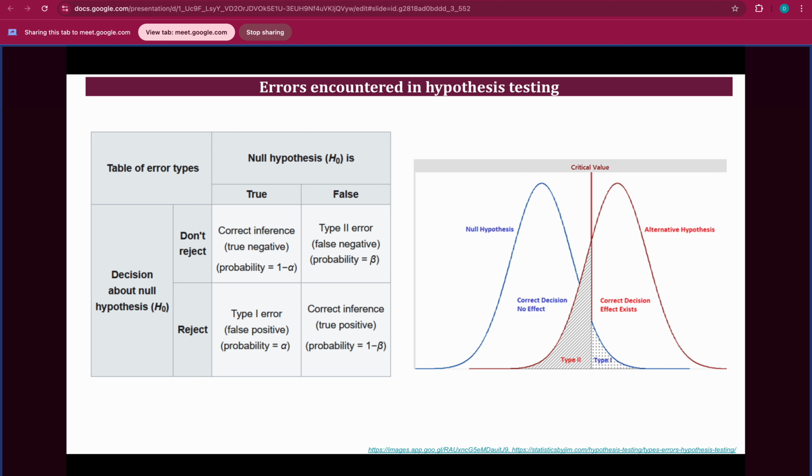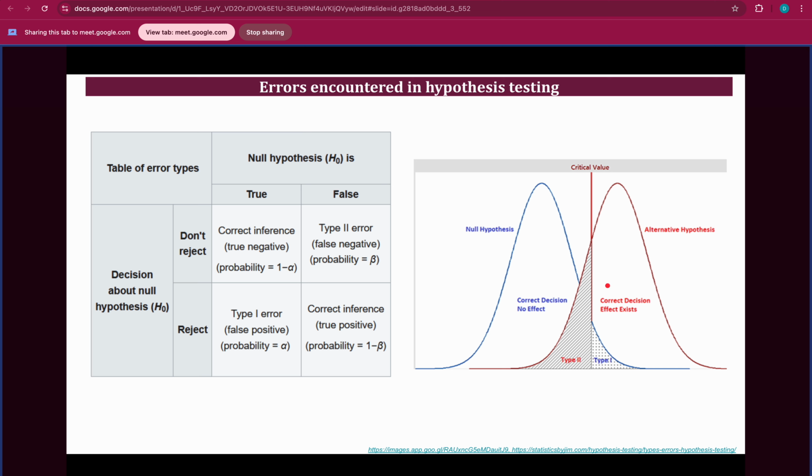Now we will look into the errors and what kind of errors you can see. For example, this is the distribution. In this case I am assuming that my data is distributed normally, so these distributions are showing the normal distribution. This is the null hypothesis and this is the alternate hypothesis.